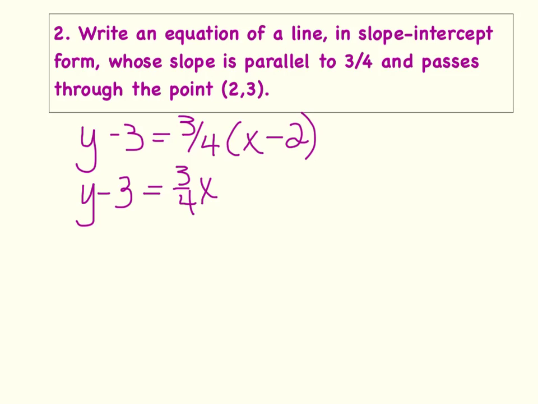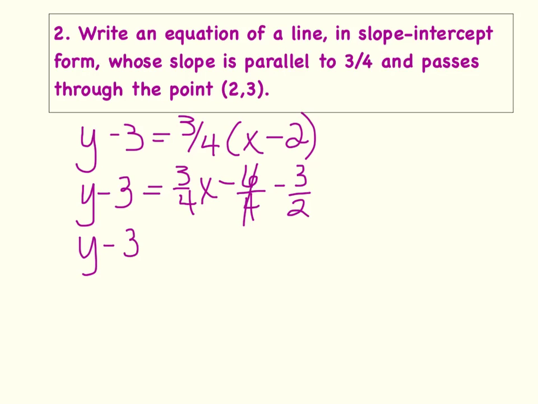3/4 times -2, well, 3 times -2 is -6, and so we have -6/4. Now, I want to go ahead and simplify -6/4 into -3/2. So I'm going to rewrite that.